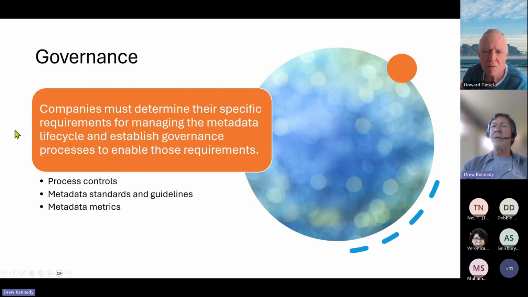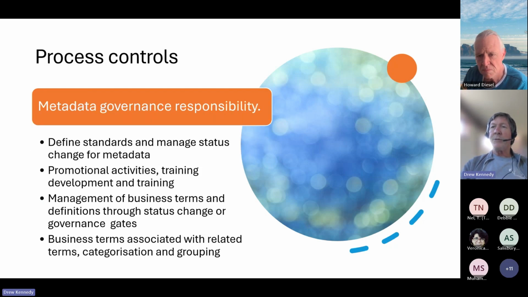Master data and reference data could be running in place, security could be running in place, architecture, but you need to incorporate that same governance for metadata, because it'll go around your metadata process controls, your metadata standards and guidelines, and your metadata metrics.